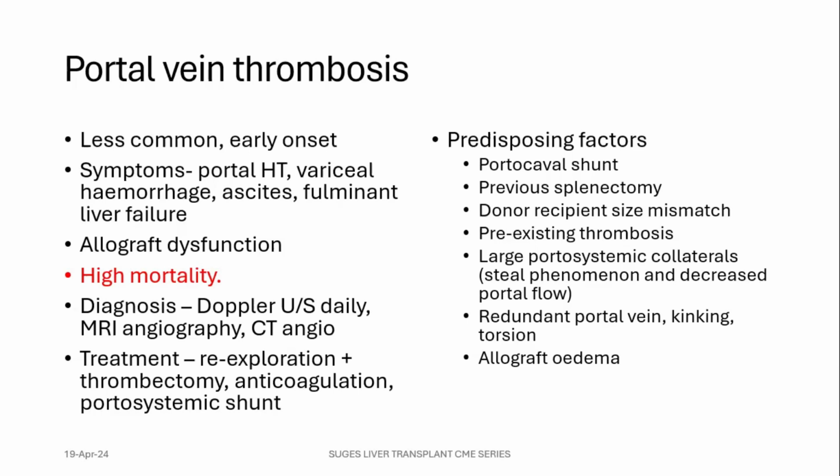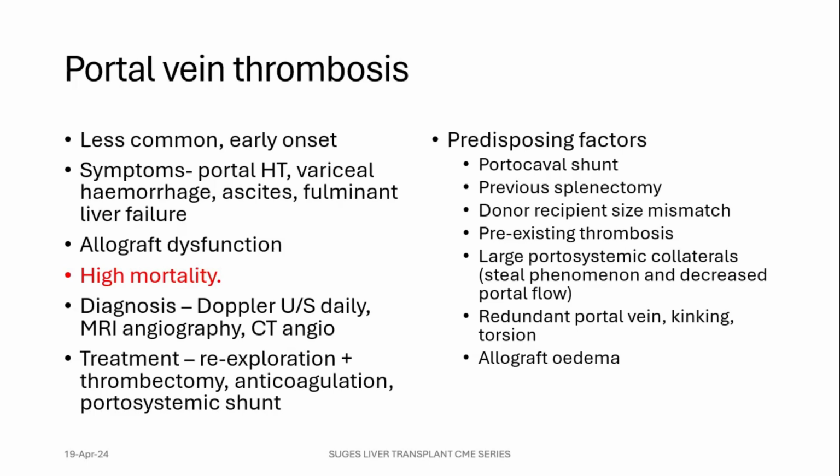It carries a high mortality, and therefore you need to know the predisposing factors. Things that will predispose you to a portal vein thrombus are portocaval shunts, a patient who has had a previous splenectomy, and again donor-recipient size mismatch.